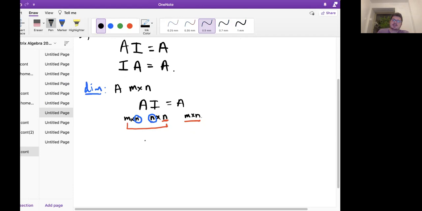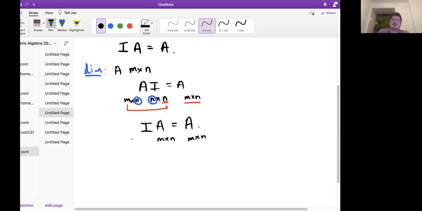However, let's think about I times A. If A is m by n, and the product is m by n, what dimension must I be in this case? M by m. Right, because here you want these to match, and the outers would equal that.